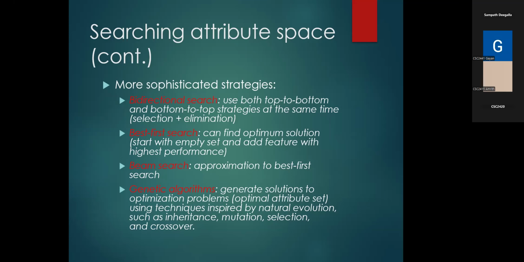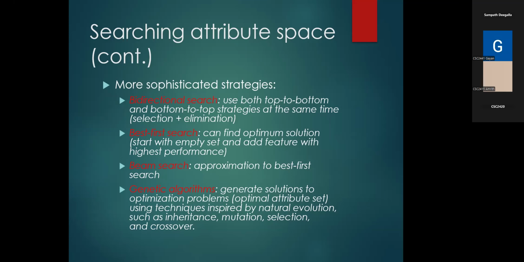Best first is a search algorithm. We can use a graph and choose the most promising node, using some specific rule. You can add the feature with the highest performance. That's the way we can go for best first search. Then we have beam search.